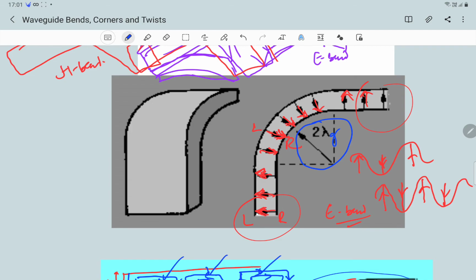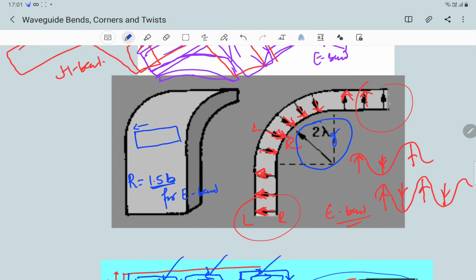Another formula that's commonly used for avoiding reflections for E and H bends is, for an E bend, R is 1.5 times B. The radius has to be 1.5 times B for an E bend. And what is this B? B is the cross-sectional dimension.